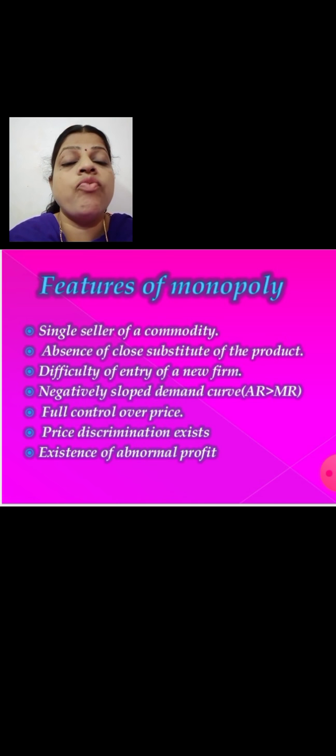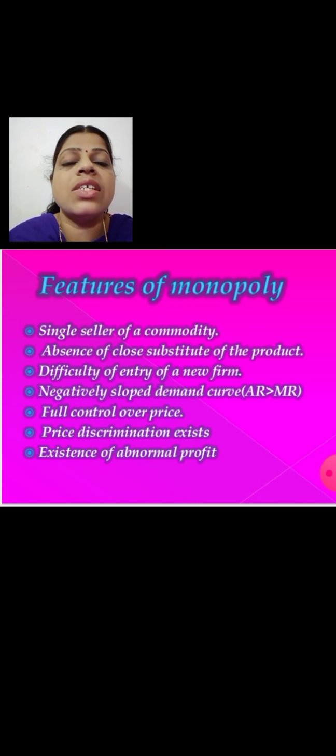Then full control over the price. In the perfect competition, we are only price takers, whereas in monopoly, as it is a single seller, that single seller entirely controls the price of the commodity. That is full control over the prices. So children, is it clear? Yes.